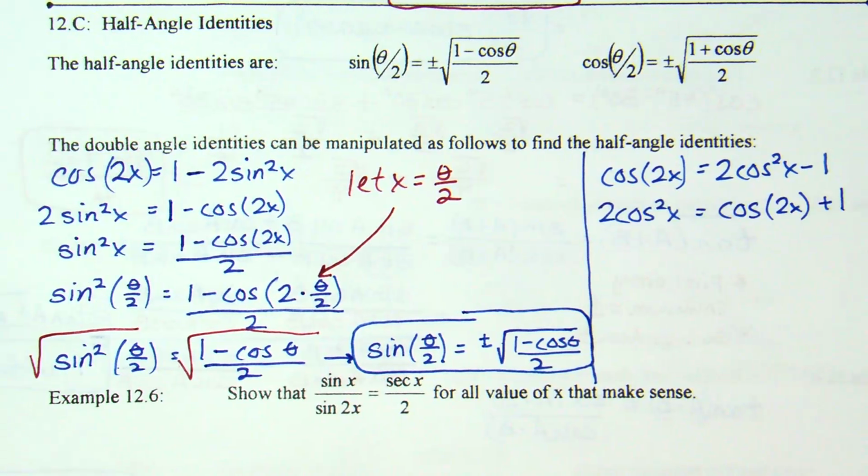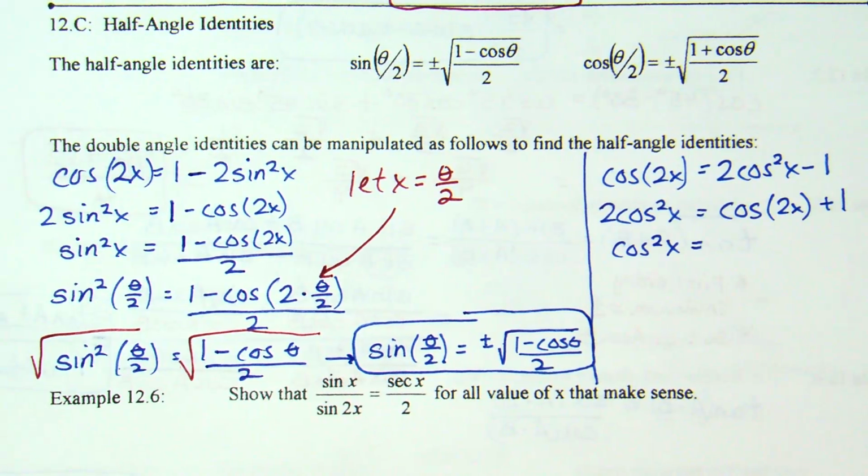Is my cosine x by itself yet? No, we need to divide by 2. So now cosine squared x is going to be cosine of 2x plus 1 all over 2. What's the step that I did at this point last time? Okay, we're going to replace x with theta over 2.